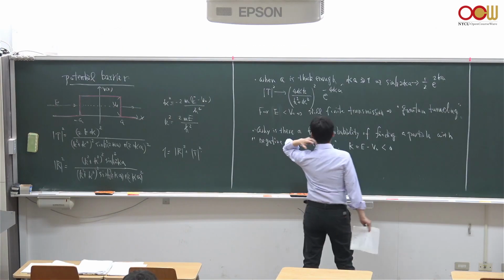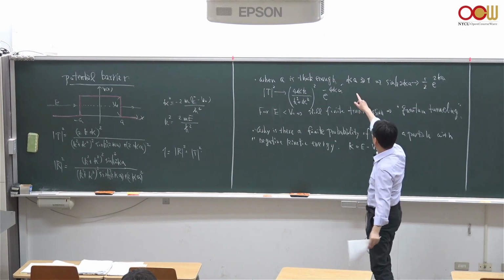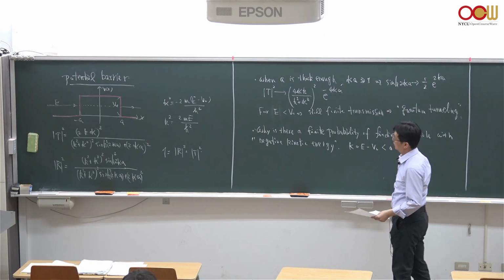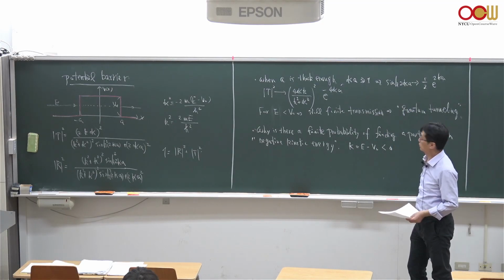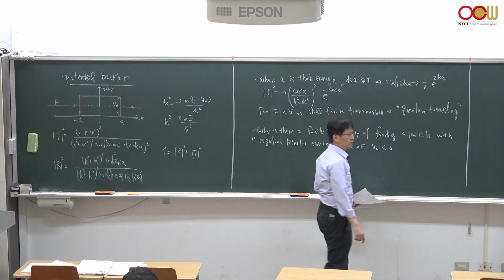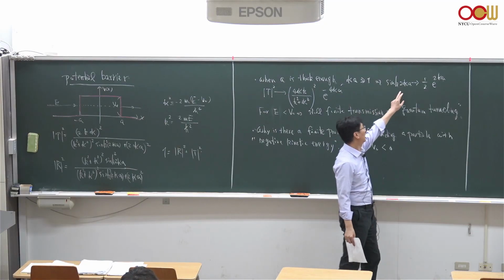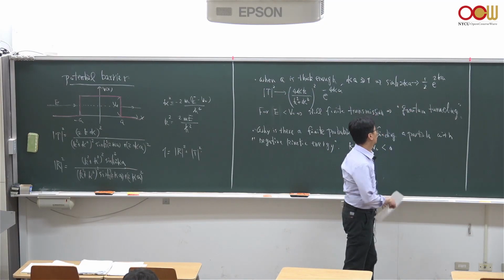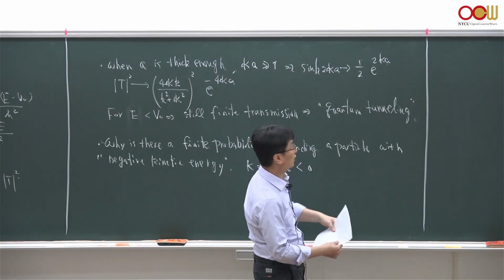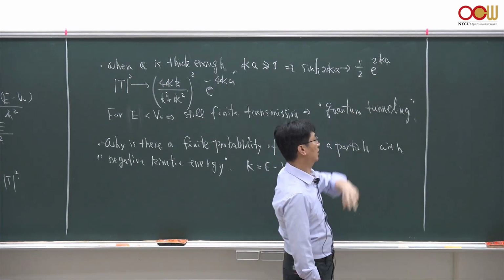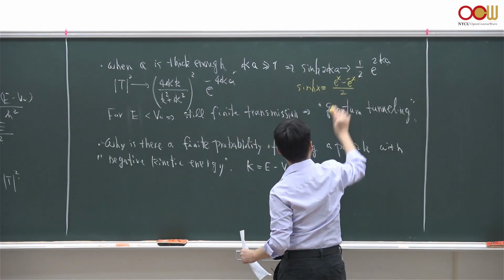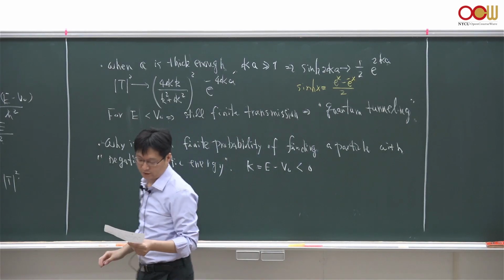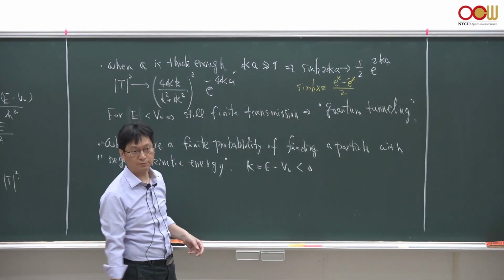When a is thick enough, or kappa times a is much greater than 1, then you have the approximation that sinh of 2 kappa a is more or less e to the 2 kappa a divided by 2. Remember, hyperbolic sine is e to the x minus e to the minus x, divided by 2.